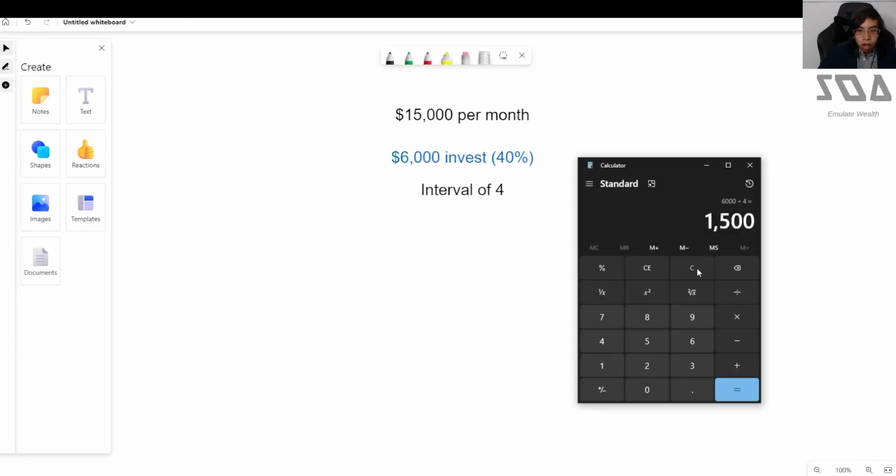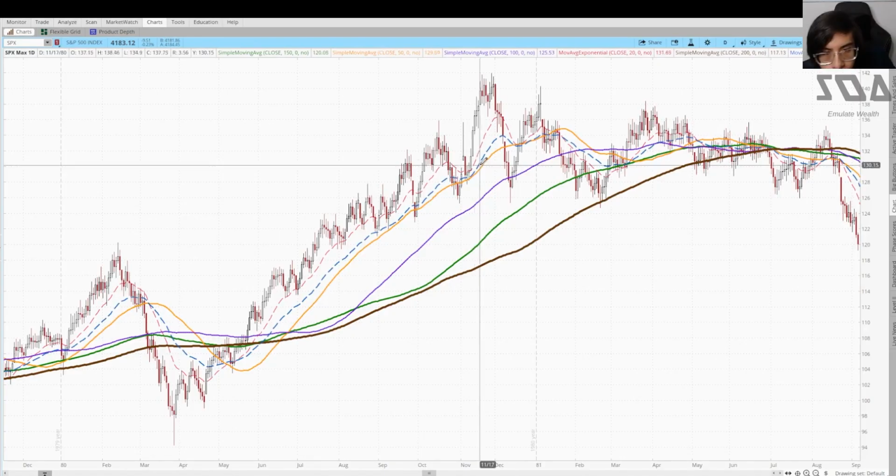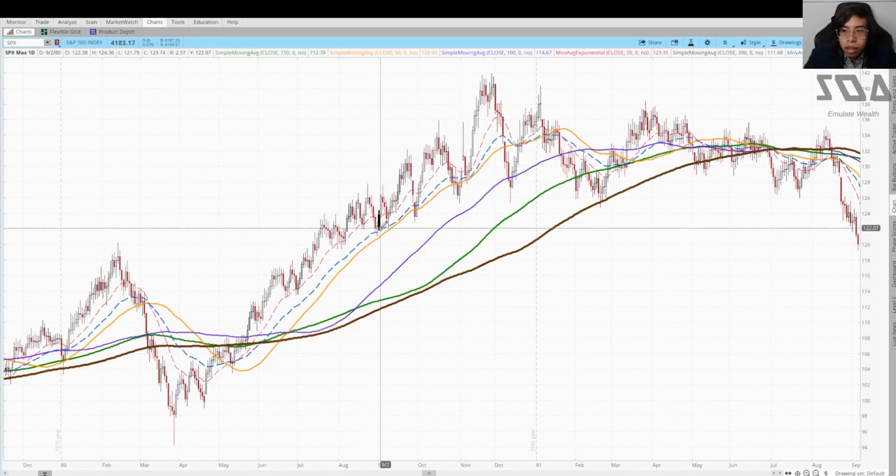Now, obviously, if you invested $1,500, the remaining amount is $4,500. If you divide that by 2, that's 2,250. Here's a pretty good rule, which is what I was about to say. Let's say that from here you bought at $122 in the S&P 500. In this case, you wouldn't put 25%, but let's say you put in about 10 to 15%.